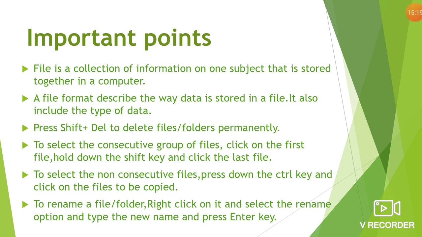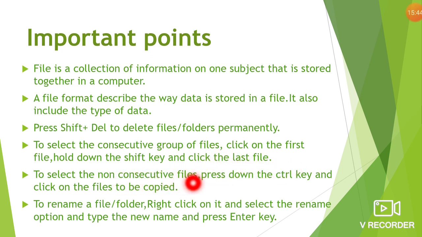To select a consecutive group of files, sometimes you want to select more than one file at the same time. There are two methods: a consecutive group of files or non-consecutive files. For a consecutive group, first click on the first file and hold down the Shift key, then click the last file.